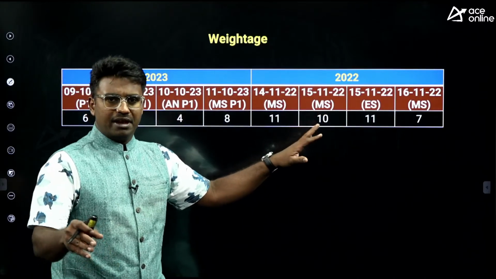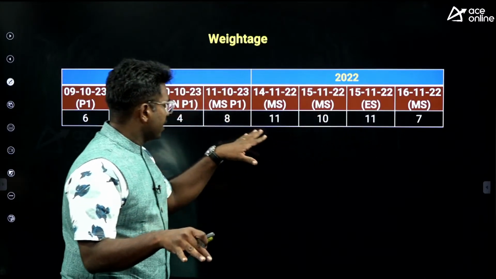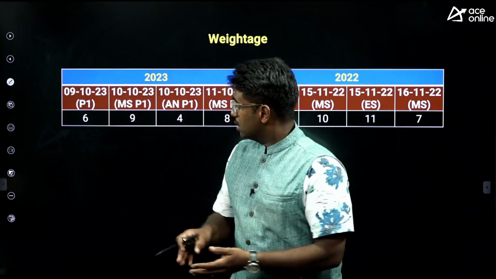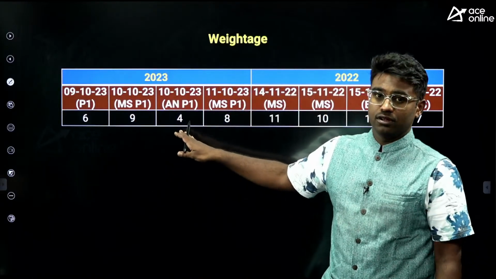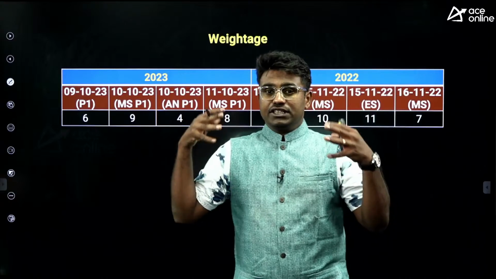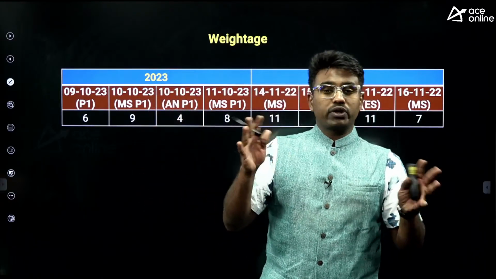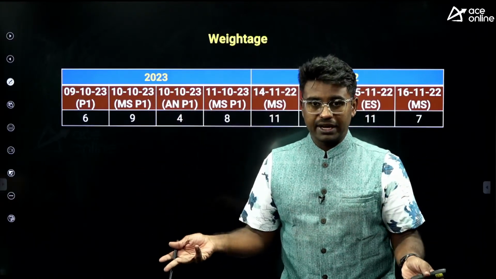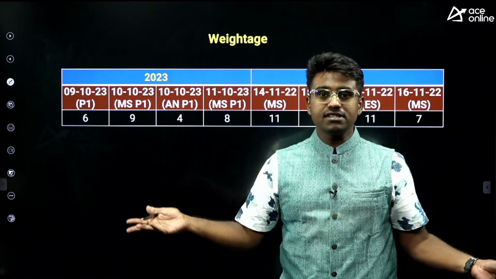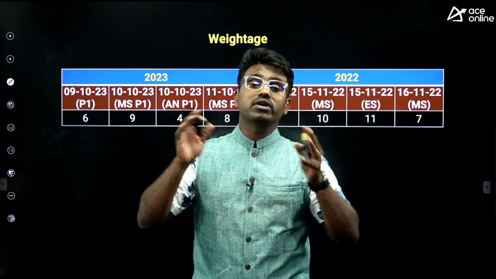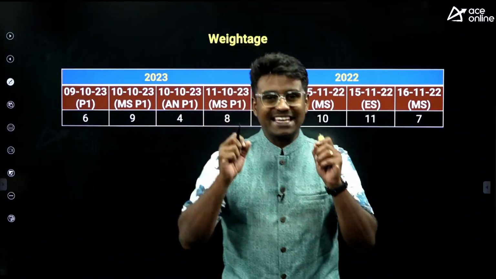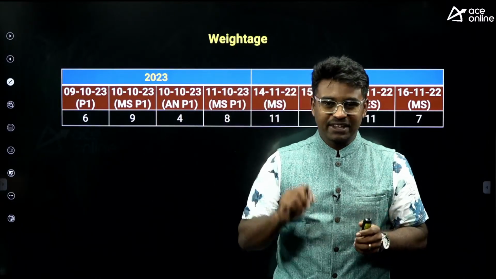Max is about 11 or 12, and minimum about 7. In the previous year the minimum was 4. So we can't judge how many questions you will get, but based on this you can analyze how many questions you might get in the exam.